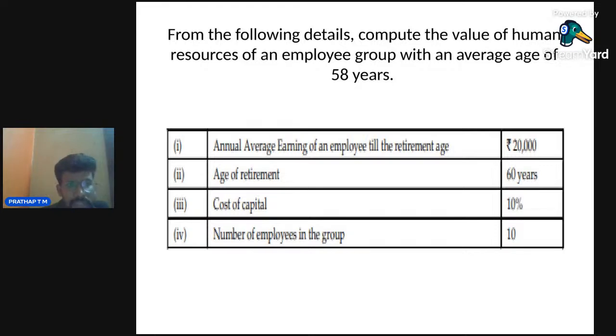Yes, there is a method which we can follow, and we can determine 60,000 for each period. No problem. For example, from 5 to 15, 10 years: 1, 2, 3, 4, 5, 6, 7, 8, 9, 10. Then we can go for a discounting factor for the first 10 years.